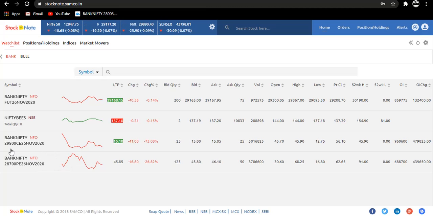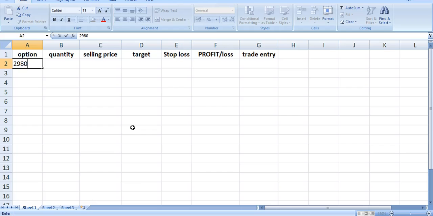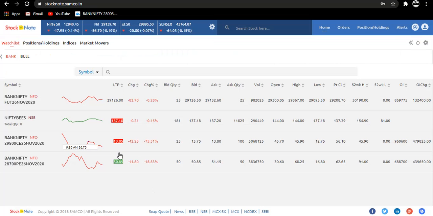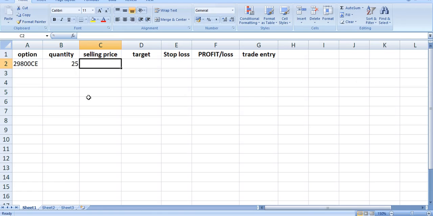Our today's first option is the 29,800 call. We will sell the 29,800 call with quantity 25, that is one lot, at market price, that is 13 rupees.